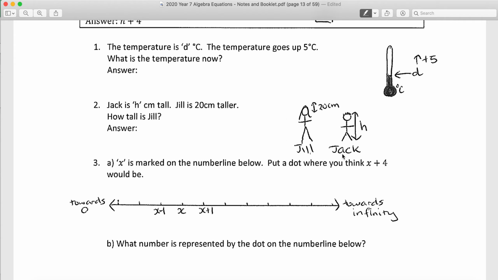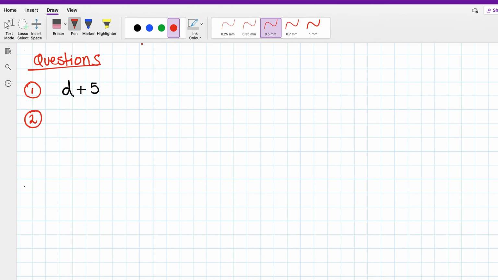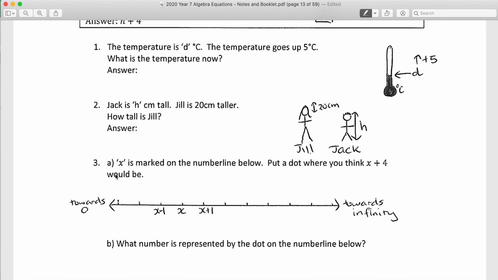So if Jack is 100 centimeters, then Jill will be 120. What did I do to find that? I added 20 to what Jack had. Therefore, the answer is going to be H plus 20 centimeters. That's how tall Jill will be.